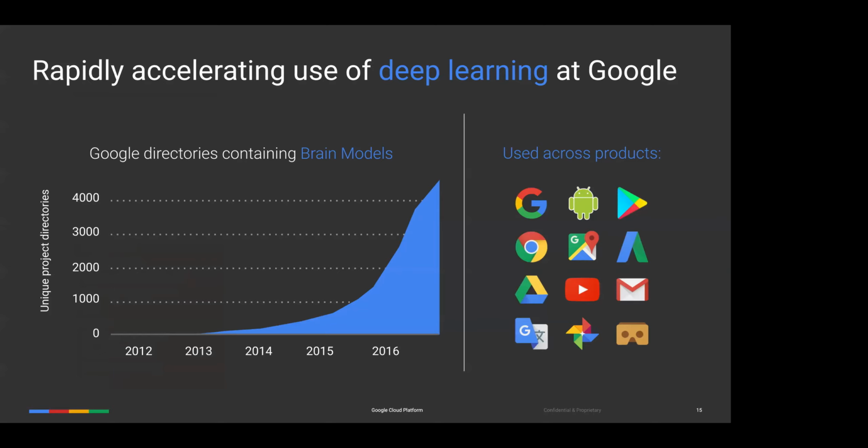Now let's talk a little bit about some of the machine learning examples, the applications that we have in our environment. You can see that in 2012 there were not many machine learning models in most of the Google applications, but in 2016 it's 4,000. I'm sure it has now probably crossed 10,000. I don't know the exact number, but it's significant.